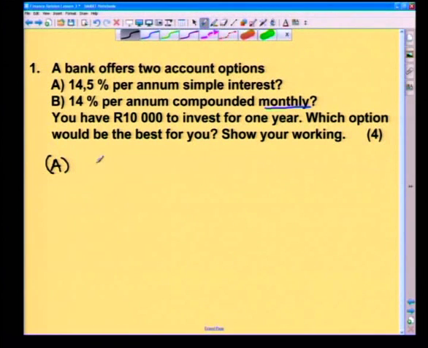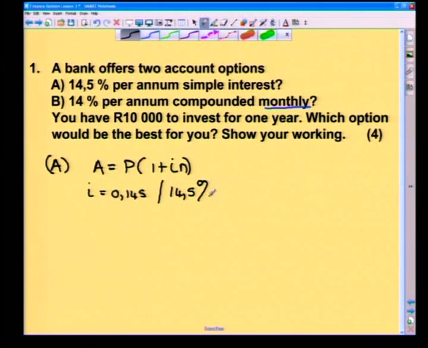Option A, we've got simple interest. So our formula would be this one. All right. And our interest rate is going to be 0.145. Or if you want to, you can type in 14.5%. It's totally up to you. We know that our amount we're investing is 10,000 Rand.